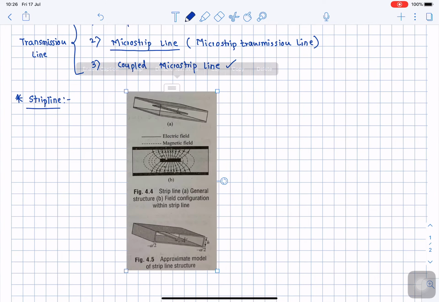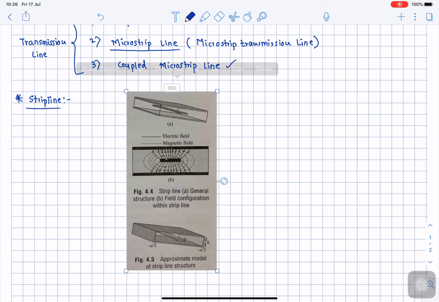And what are these arrow directions showing? These are showing the electric field line configuration, or how the electric field looks like. Remember that the electric field will always start from the strip line as the origin and it will end on both the top and bottom ground planes, so that we get continuous field lines representing the electric field.